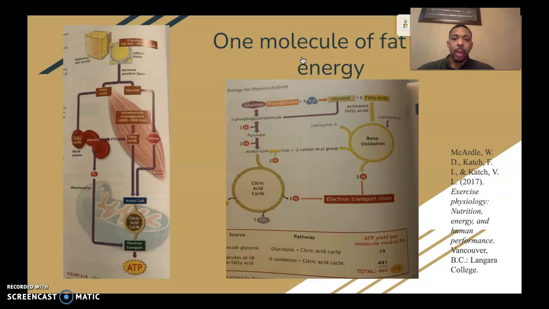And then it goes through pyruvate, releasing hydrogen as we go along, and then from pyruvate to form acetyl-CoA through substrate phosphorylation, which then goes to the Krebs cycle and is released as ATP and oxidized.